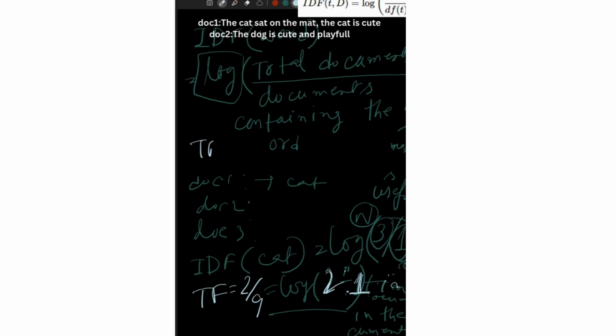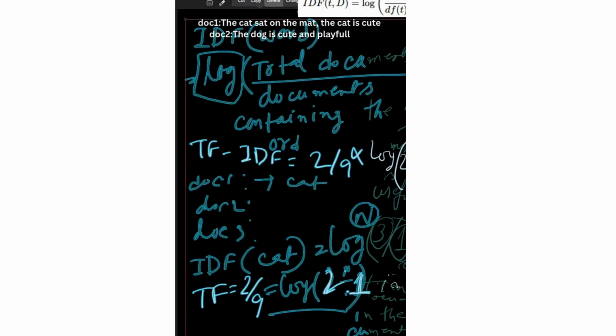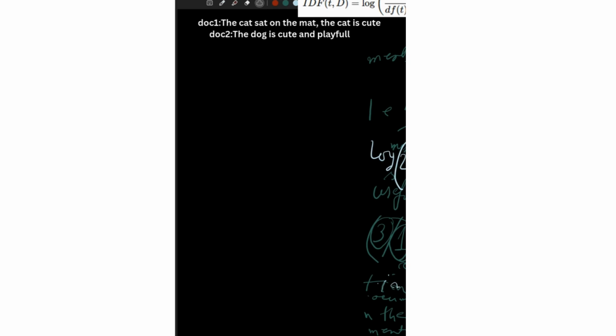So the Tf-Idf value should be Tf times log. Okay, let me clear this whole thing. Just take a note line by line so that we can make a connection between both.